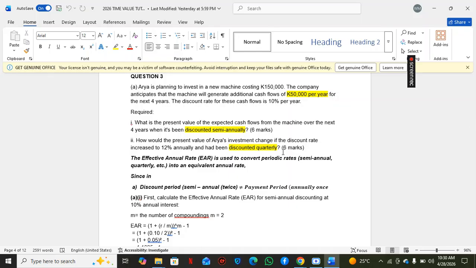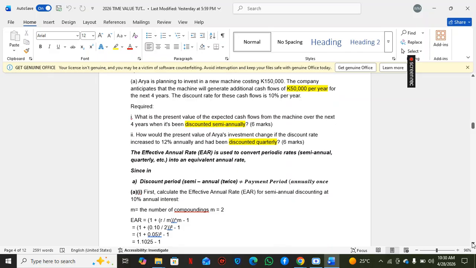Now with these questions, you always have to check to find out if the payment period and the discounting period are equal. Now here for part A, they've told us the cash flows are per year.